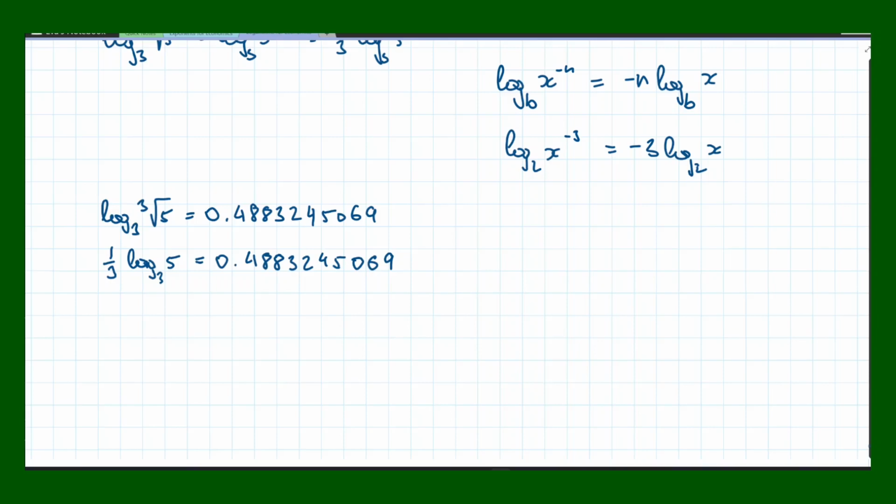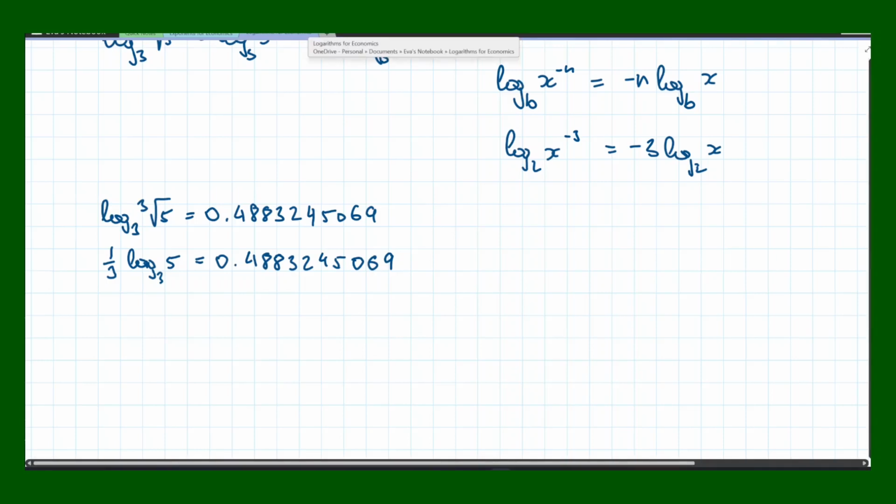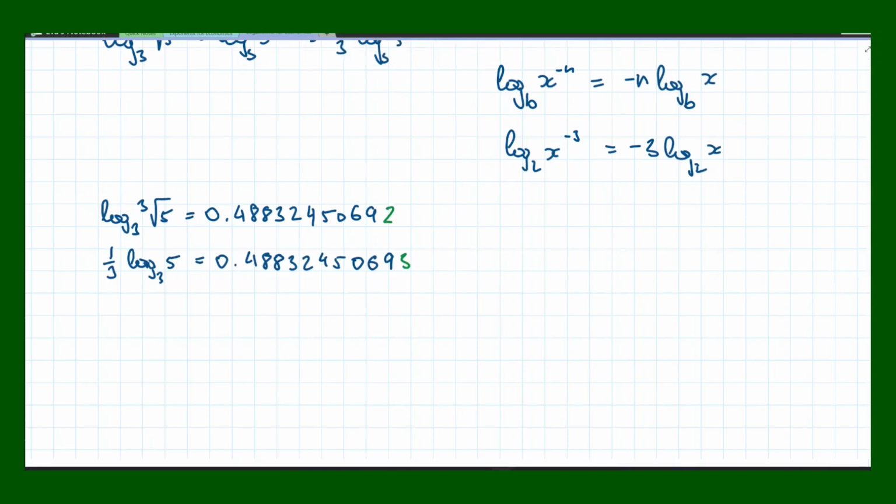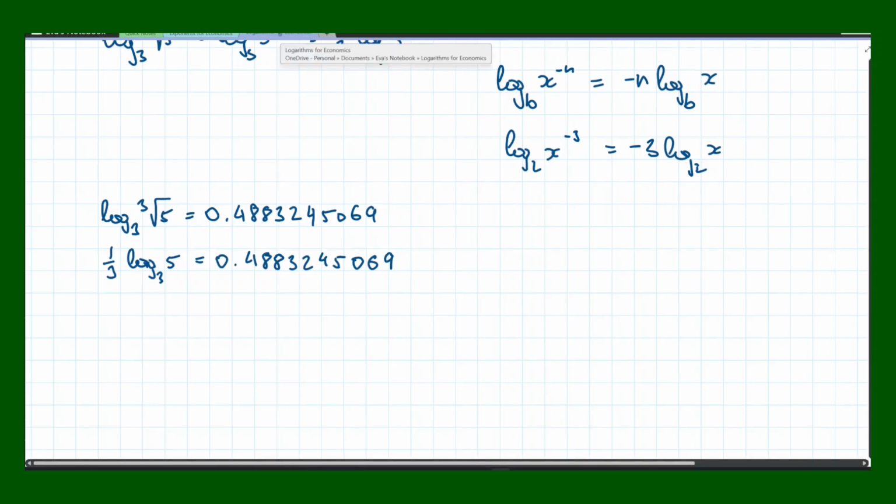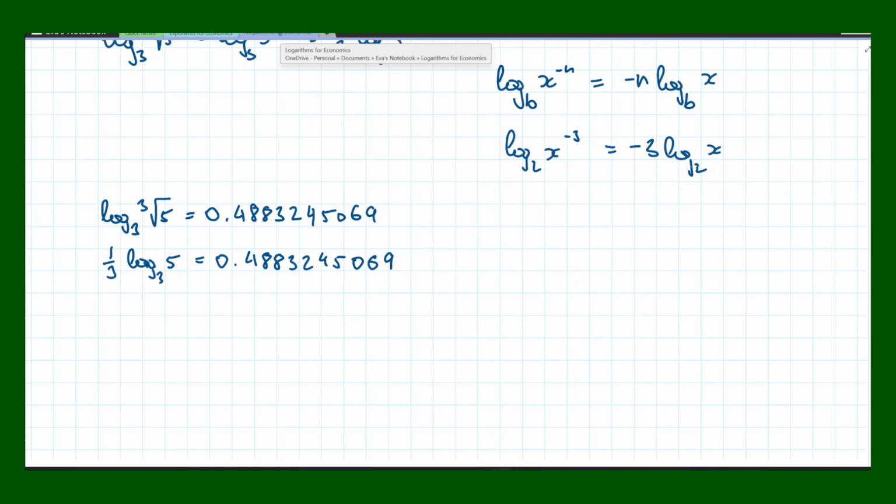However, I need to keep in mind that the calculator rounds to the nearest 15 digits, so I don't know what the 16th digit is, and they could be slightly different. So in theory, I could have a 2 here while a 3 here, and then the two things wouldn't be equal. So, while using the calculator gives us hope, this is just one specific example.